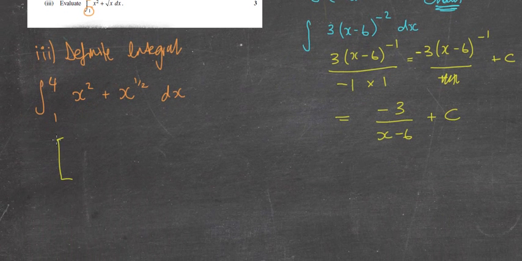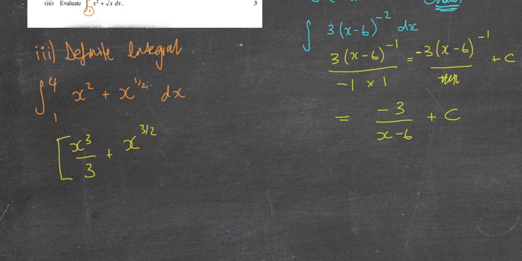Remembering I'm going to put square brackets because I'm going to be doing a substitution method with a 4 and a 1. So I'm having x cubed over 3 plus x to the power of 3 over 2, because I'm adding 1 to a half, over 3 over 2, putting 4 and 1. Some people might write this as 2x over 3 because you can flip it. But when I'm doing my values, because I'm going to be using a calculator, I'll just leave it as it is.